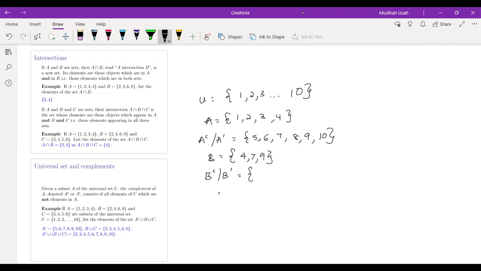Okay, kalau contohnya C awak adalah 1, 4, 9, 10, C komplement awak 2, 3, 5, 6, 7, 8. Pandai. Boleh? Okey. Senang je kan?